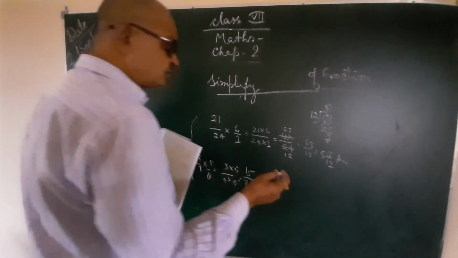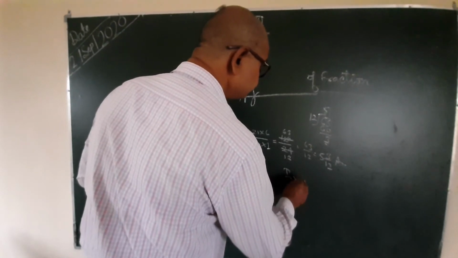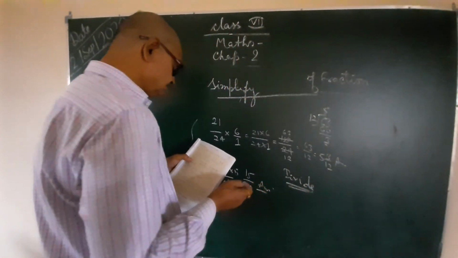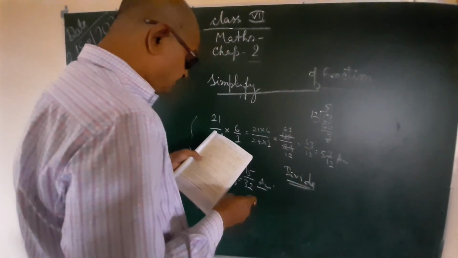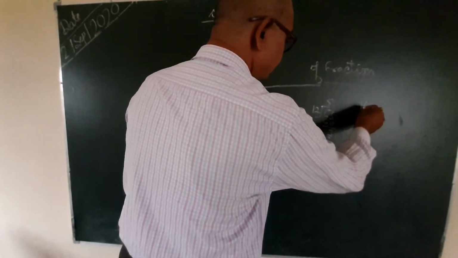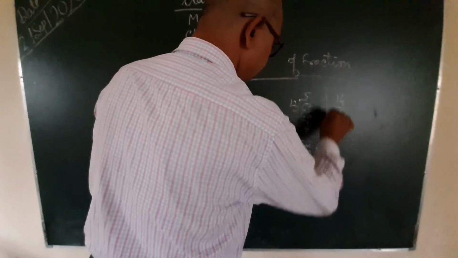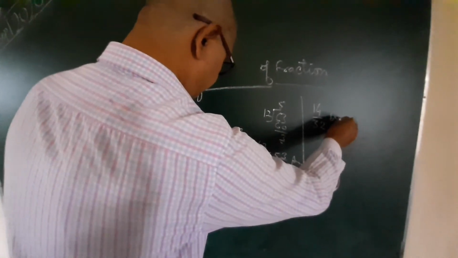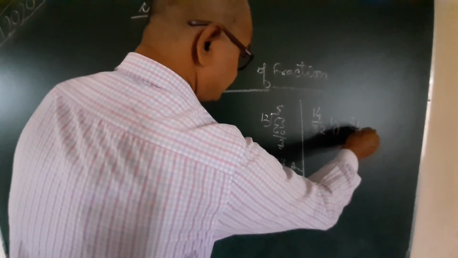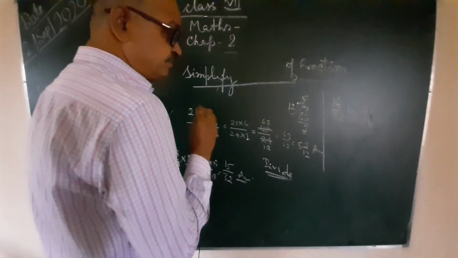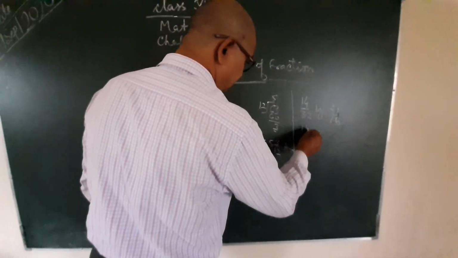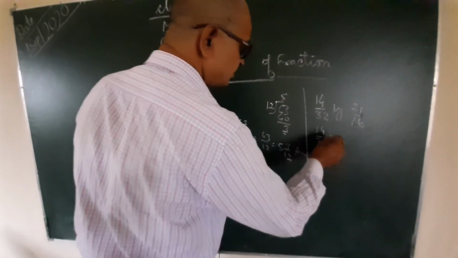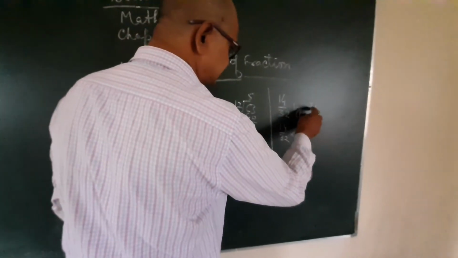But if you want to do divide, then 14 upon 32 divided by 21 upon 16 means 14 upon 32 into, this 21 upon 16 will change.